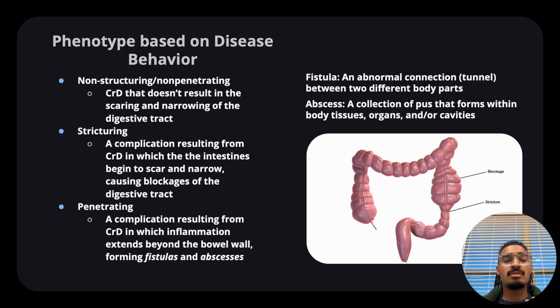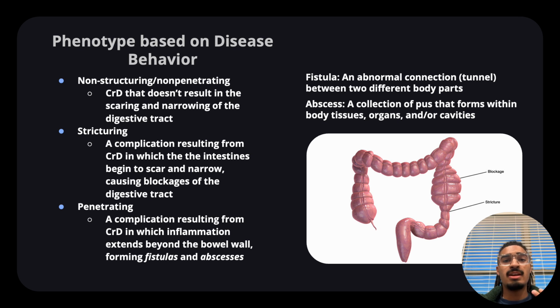And then there's penetrating Crohn's disease, a complication in which inflammation extends beyond the bowel wall, forming fistulas and abscesses. Now, you might be asking, what's a fistula? What's an abscess? Well, a fistula is an abnormal connection that's not supposed to exist in the body between two different body parts.